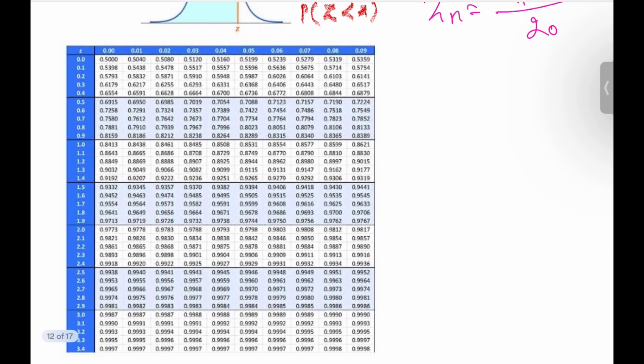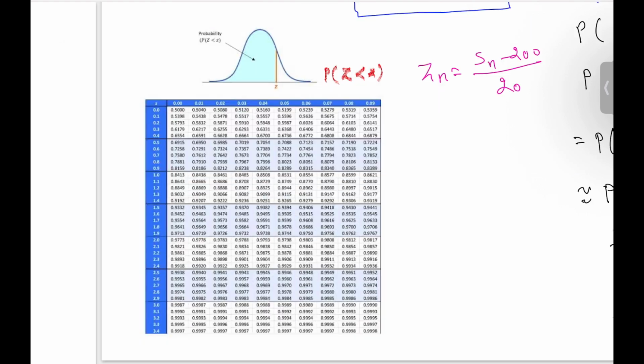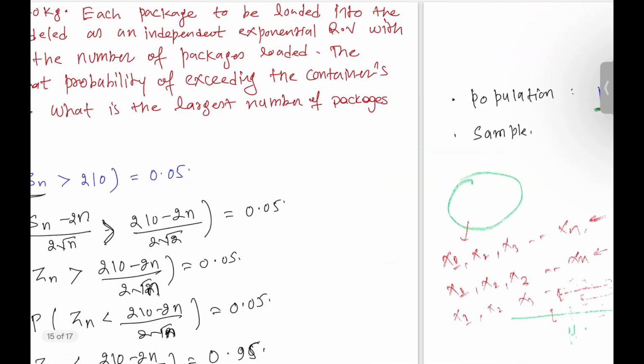So if I look at the table and look at this probability, we will have this probability when the random variable takes the value 1.96, right? So what does it mean?